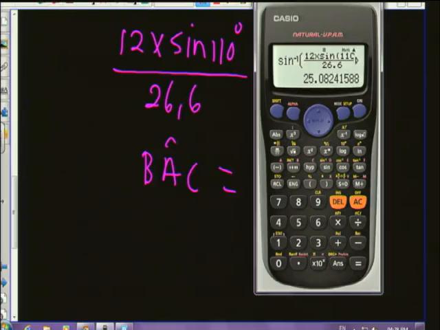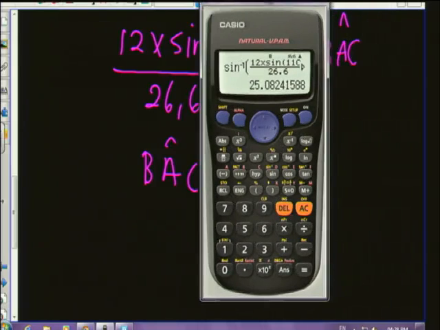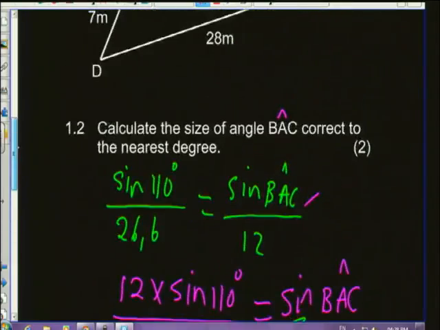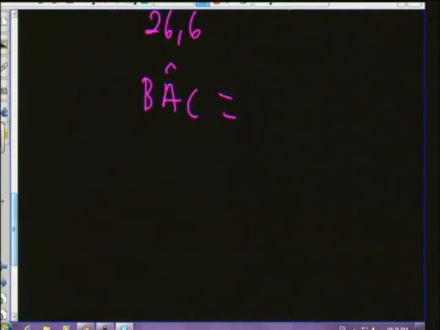Right, so we get 25,08, and then they asked us to round it off to the nearest degree. So we get 25 degrees.